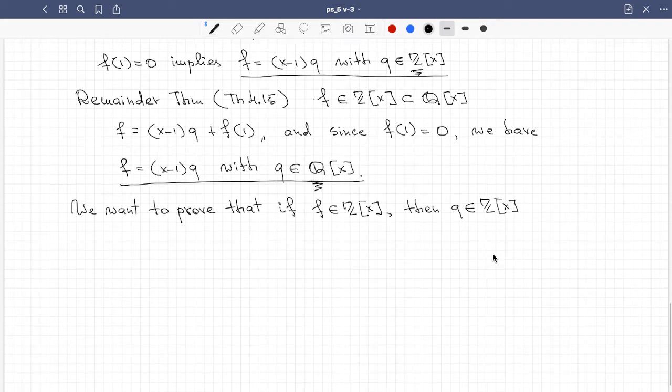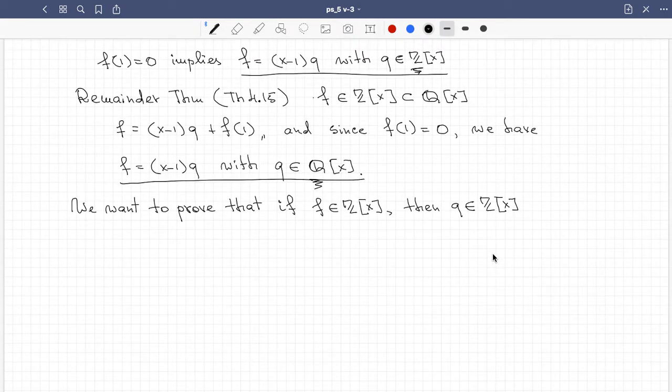So let us do the proof. Now we have that f has all integral coefficients.